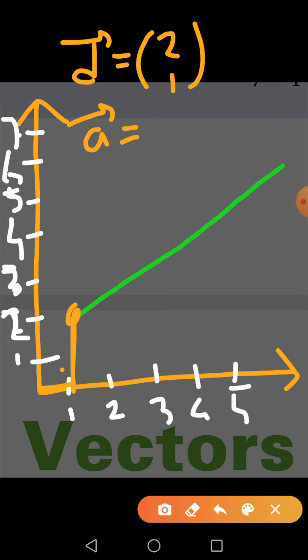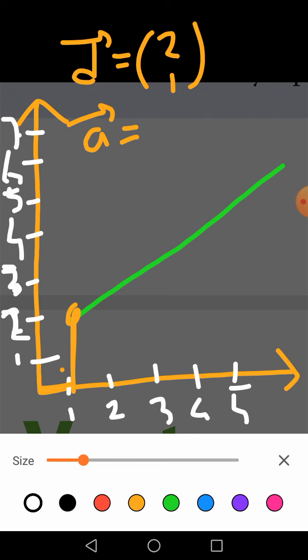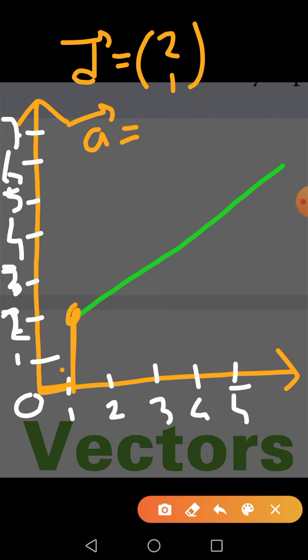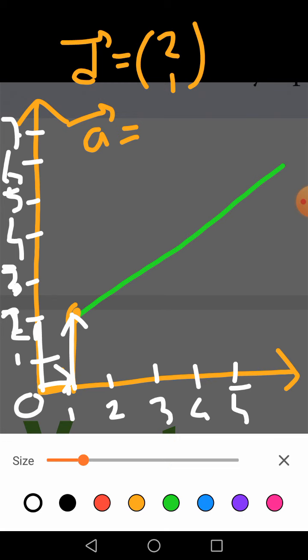That means you have to take it from the origin. So 1 unit from O in the x direction and 2 units from O in the y direction. So A is equal to 1, 2. That means the coordinate point you know is 1, 2.